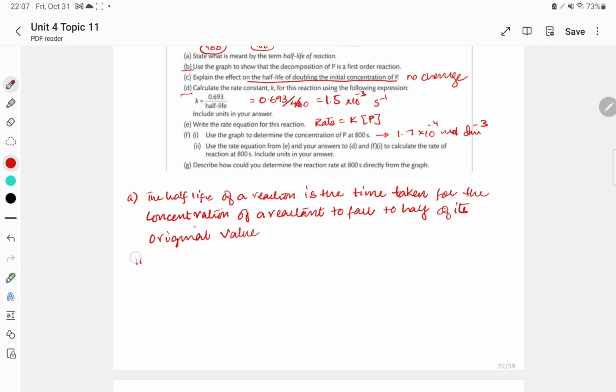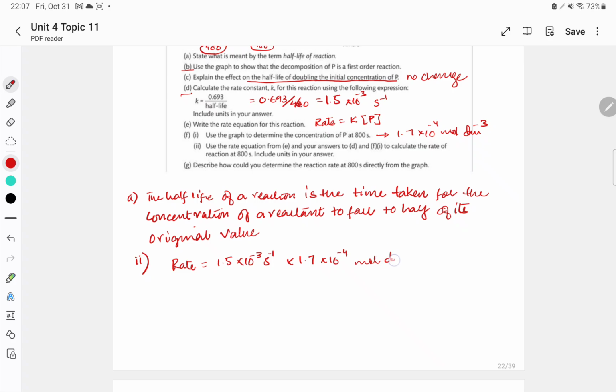Let's do the second part over here. The second part says use the rate equation from E and your answer to D and F1 to calculate the rate of reaction at 800 seconds. Include units in your answer. So in order to do that, we're going to write the rate: what we have already calculated, 1.5 × 10 raised to power minus 3 per second, multiplied by 1.7 × 10 raised to power minus 4 at 800 seconds, in moles per dm cube because this was the concentration.